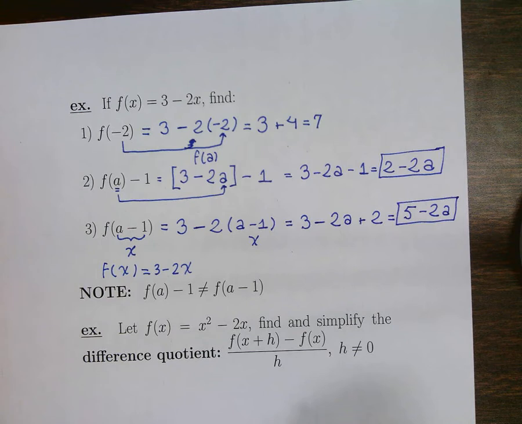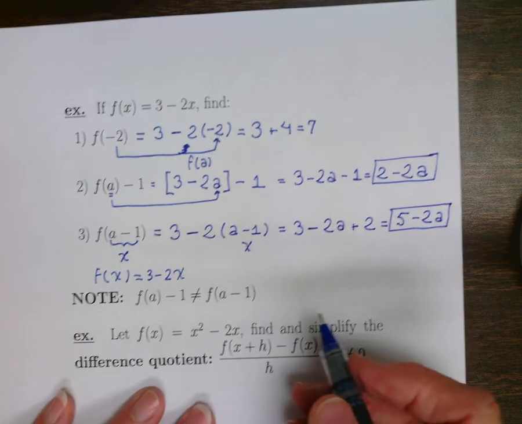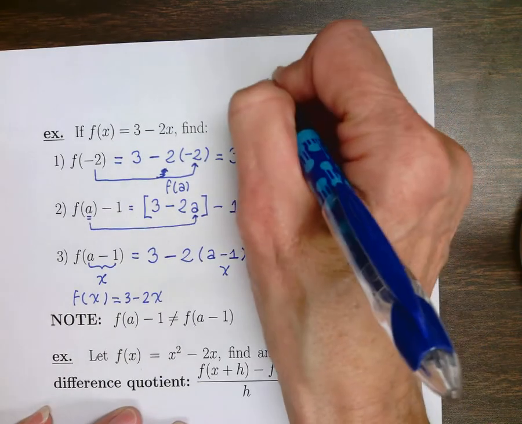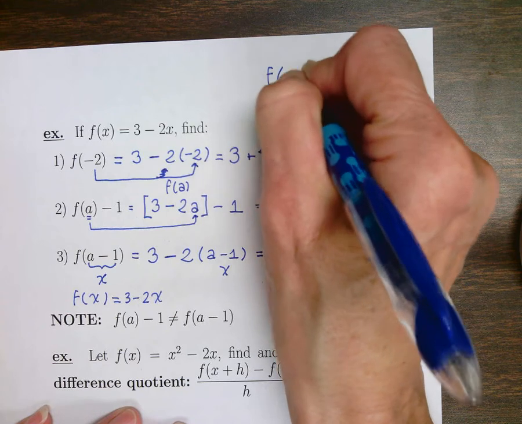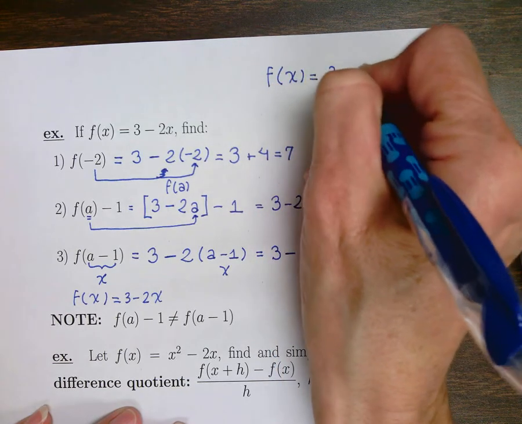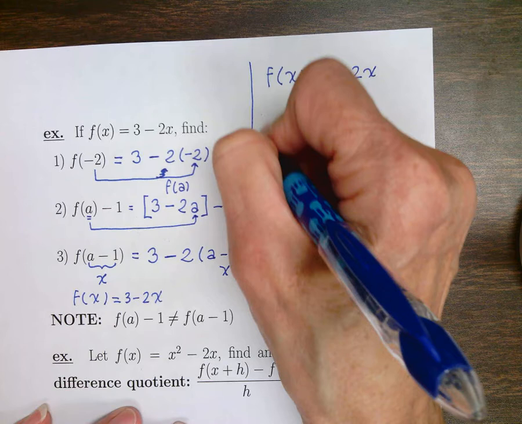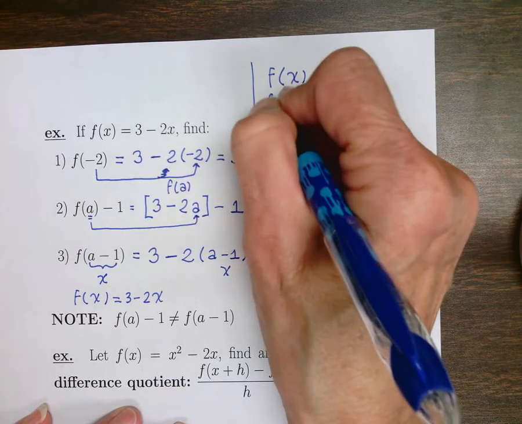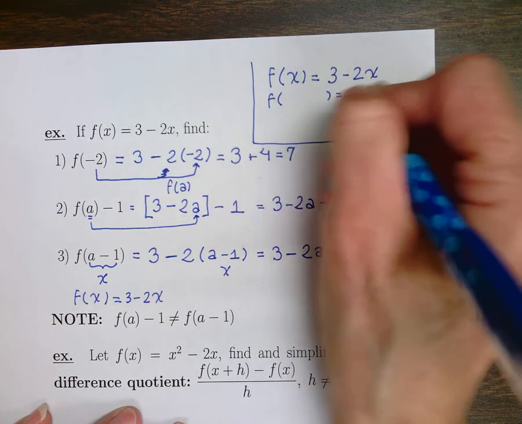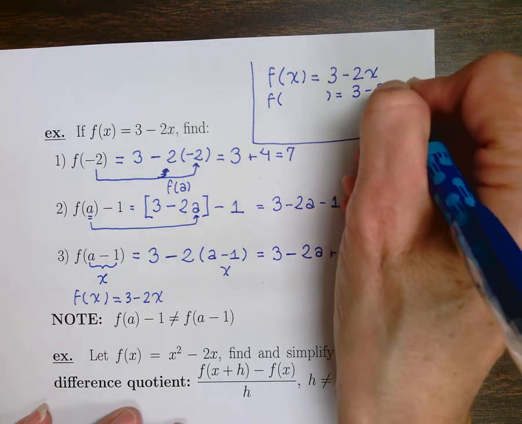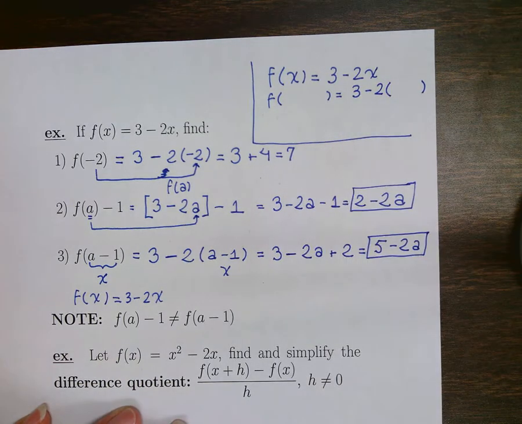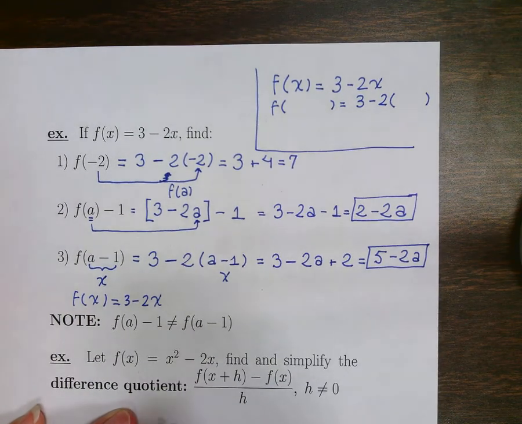Okay? Another way to see all of this is to think of this. So f of x is 3 minus 2x. Think of replacing x with a blank. That blank is your argument.